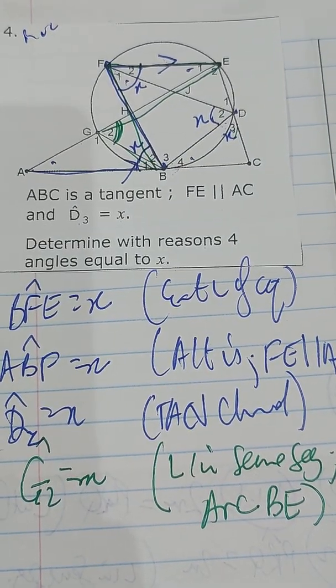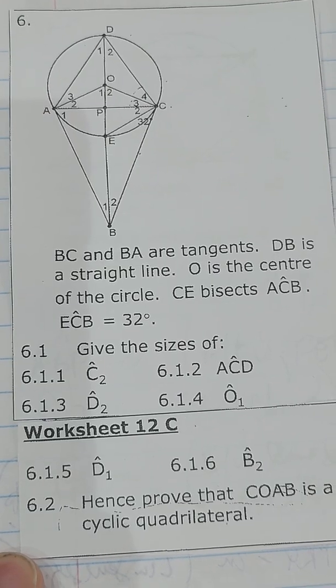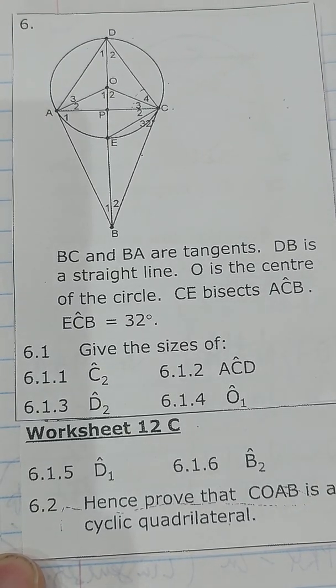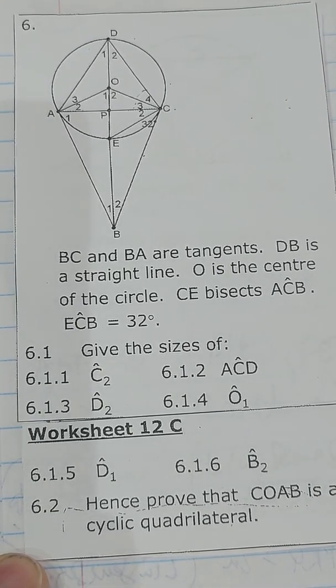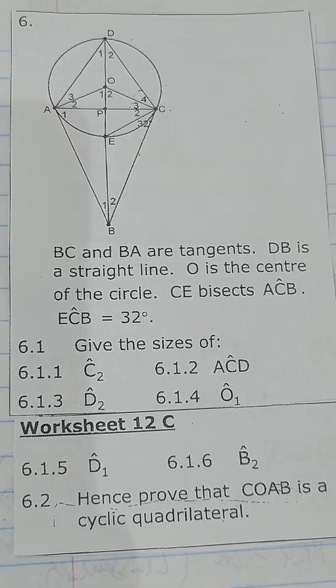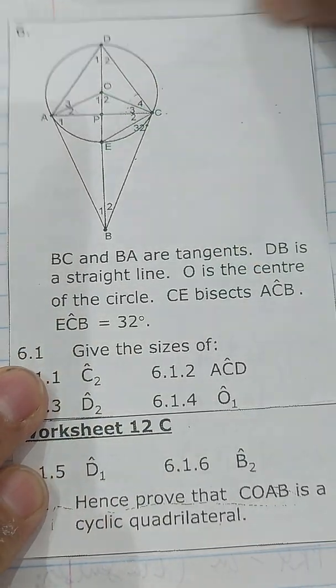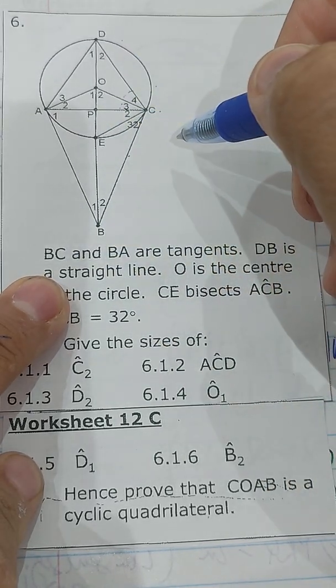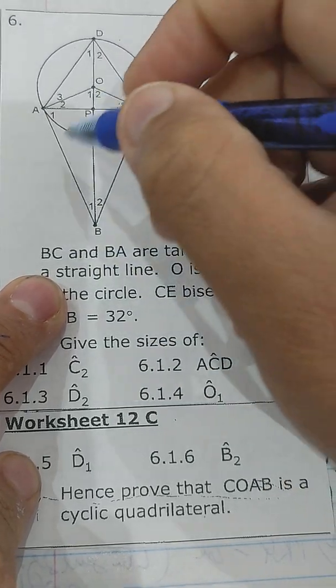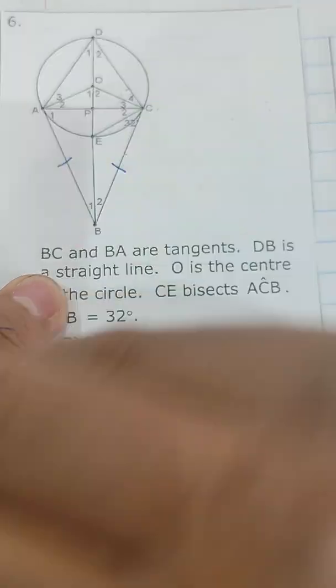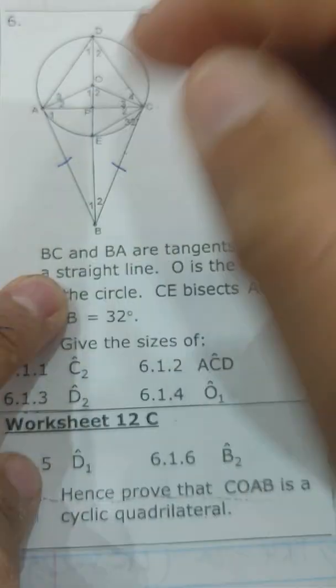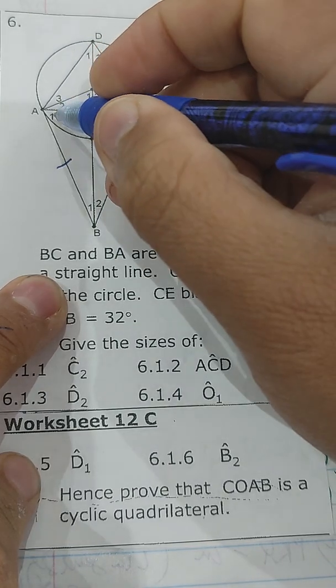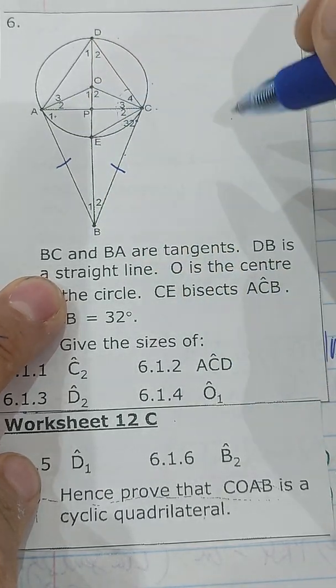Let's look at number 6. Okay, as you can hear here, all my dogs are up. So sorry about the background noise there. Alright, so let's go with it. So we're told that BC and BA are tangents, which means to say that this length has to be equal to that length. Tangents from a common point, which makes this angle and this whole angle equal.